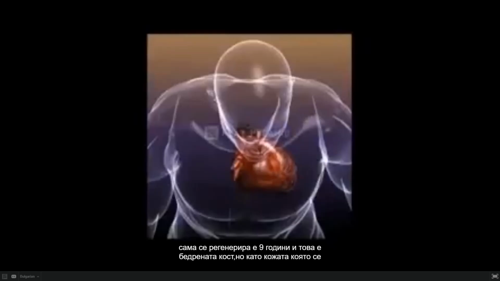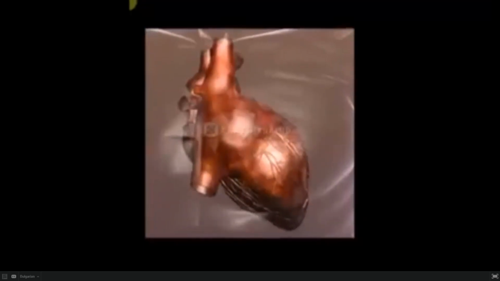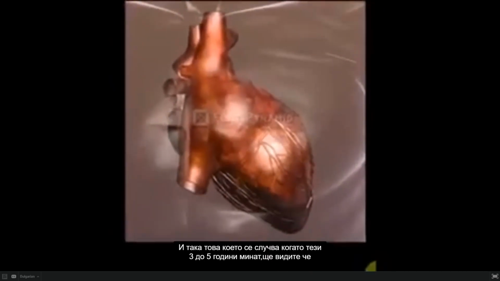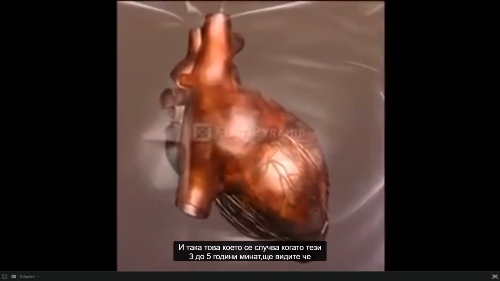But like the skin, which changes in so many days, and other parts, the muscle tissues of the heart, be it soft, smooth, or skeletal, have a recycling time of between 3 to 5 years in totality. So what happens when this 3 to 5 years takes to change? You will see that the heart muscles will change with it in cycles.